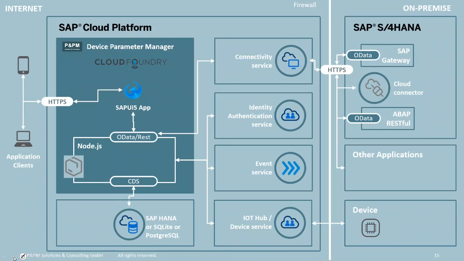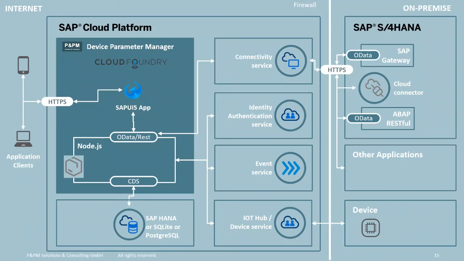Now, this is all running on the SAP Cloud Platform. It has been implemented following the Cloud Application Programming model from SAP, which is compliant to the Cloud Foundry technology. So the device parameter manager is running autonomously on the SAP Cloud Platform, or actually on any Cloud Foundry environment.